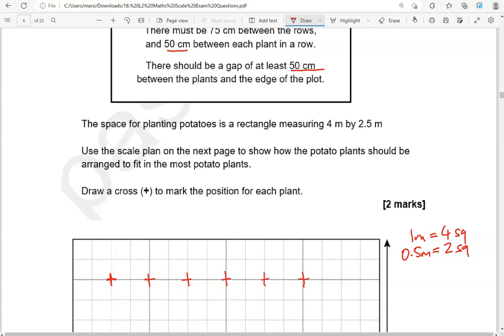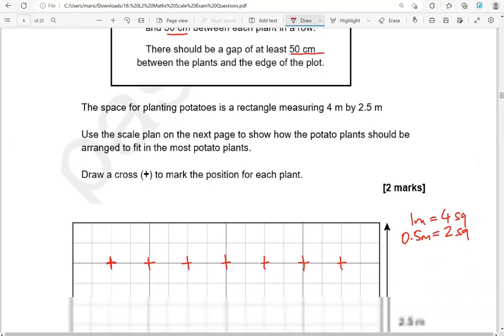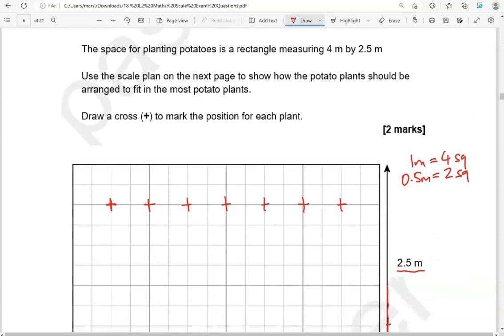And then it says 75 centimeters between the rows. So that would be 3 squares. So the next one will be there. And we can continue within the row.